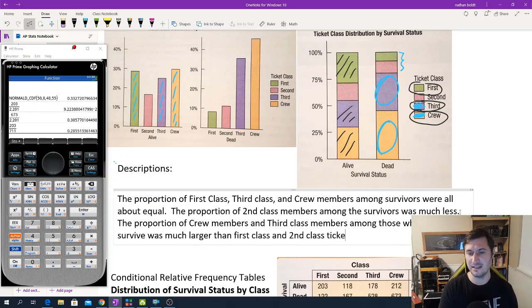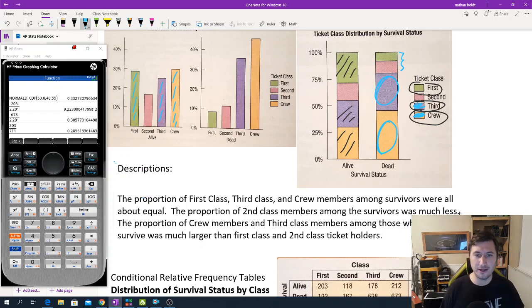I might say even ticket holders. Members is kind of a weird word, ticket holders. So you can get the same idea from both graphs. Again, if I was to get that from the bar chart, I would notice that this bar and this bar are both much, much bigger than these bars. So those are the two pictures you can draw with a conditional relative frequency graph.